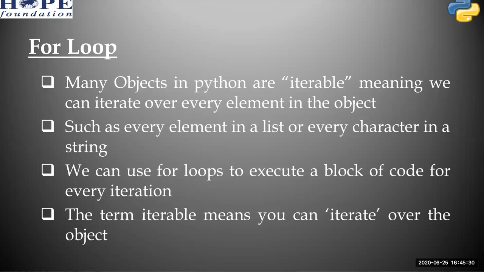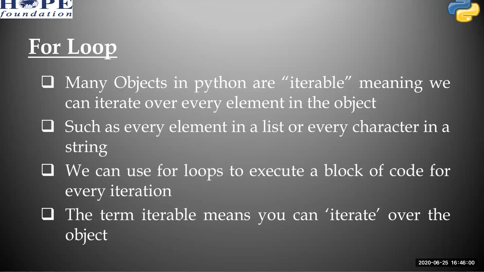Okay, it can also iterate your dictionaries. So many objects in Python are iterable, meaning we can iterate over every element in the object. Okay, such as if we have five values in a list, the for loop runs five times. If we have 10 values in a tuple, the for loop runs 10 times. If the length of the string is 25, the for loop runs 25 times.